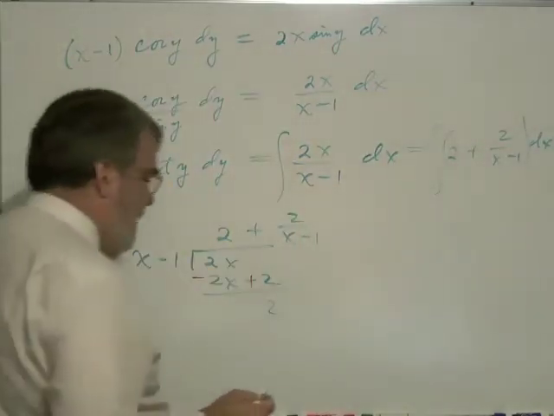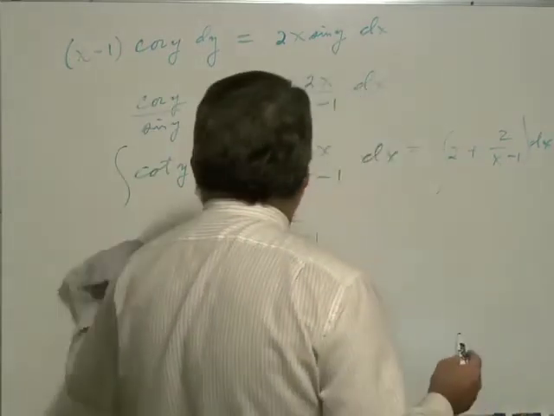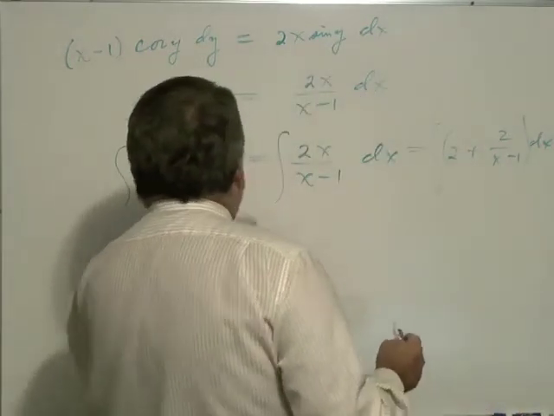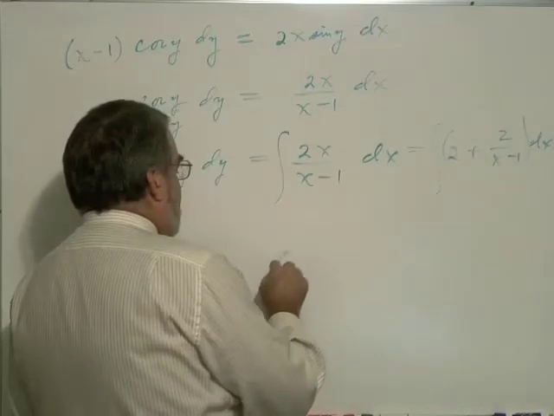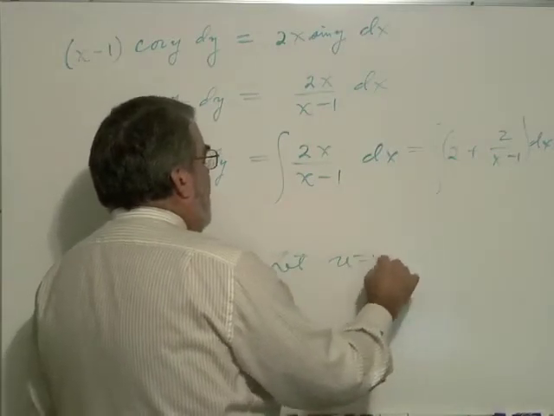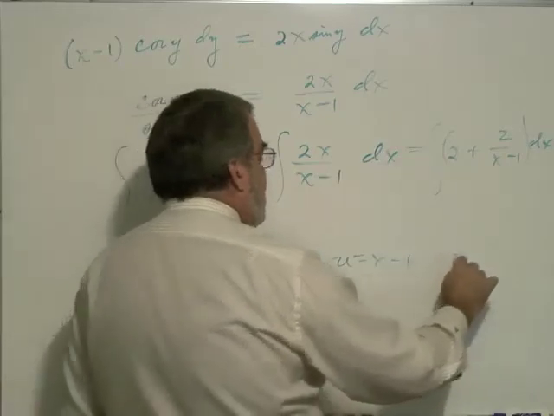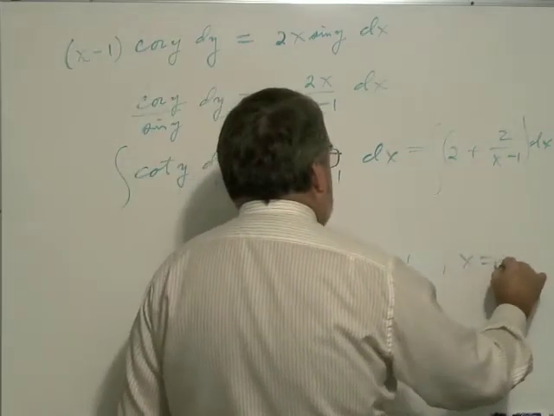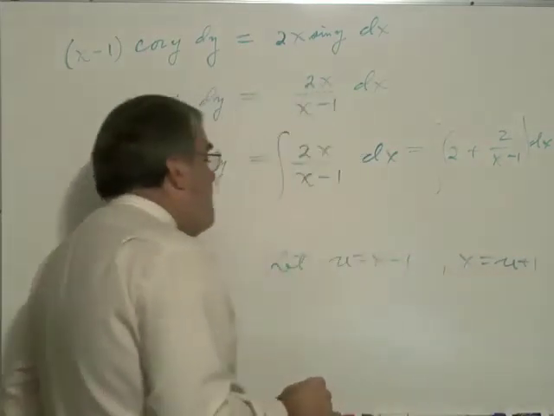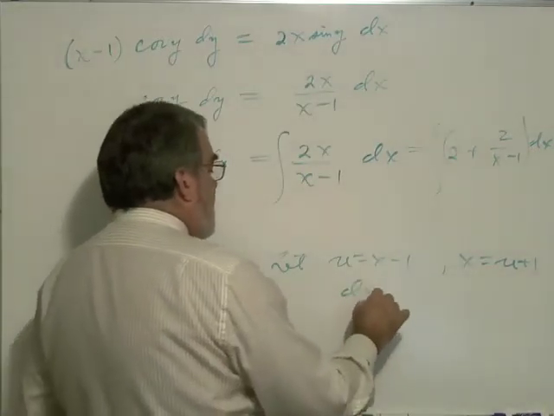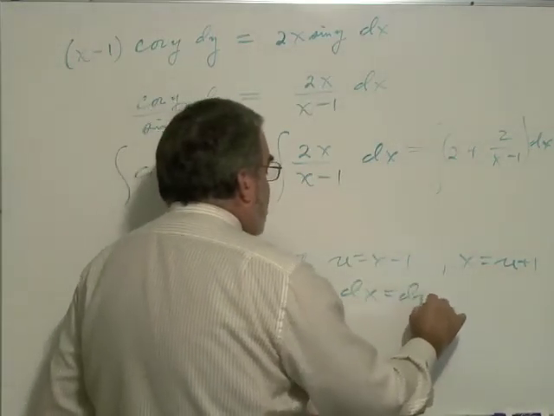The other technique would be to let u equal x minus 1 as a substitution. That means that x would be u plus 1 and du is equal to dx.